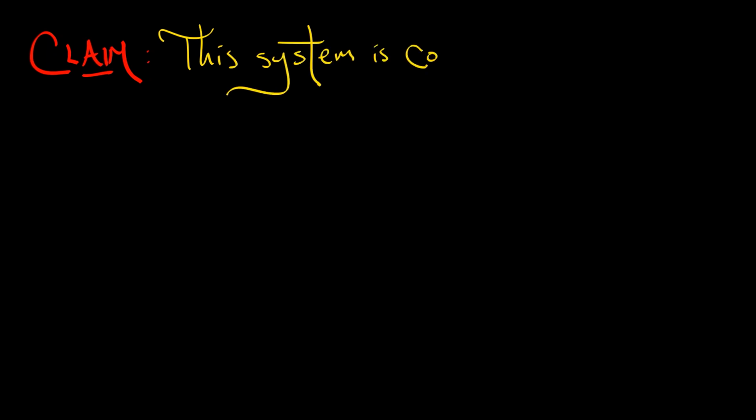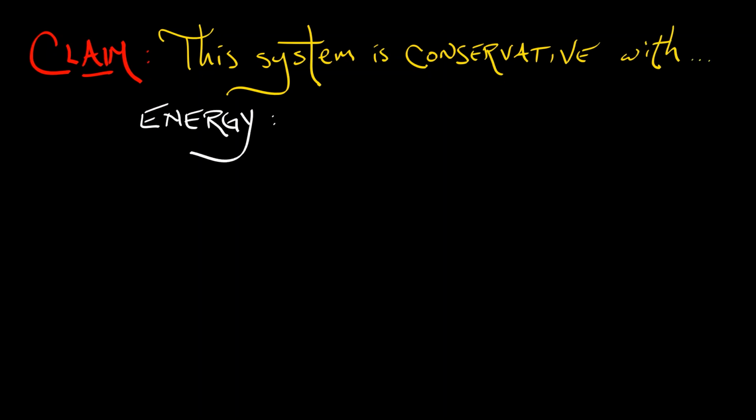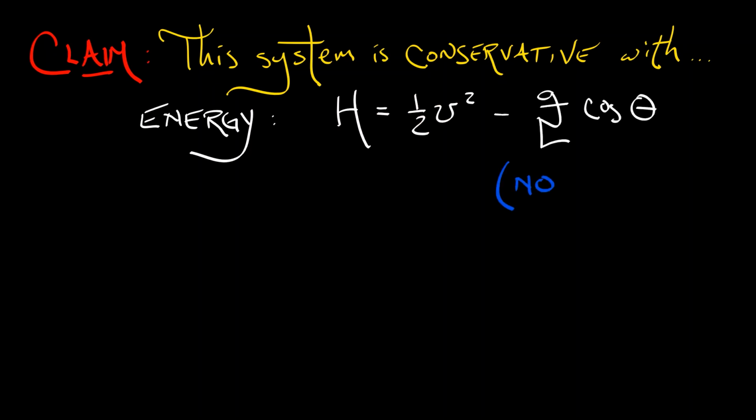There is an energy functional that is preserved over time. This energy functional is given by h equals 1/2 v squared minus g over L cosine theta. The idea is this is a system that has no friction in it, so the energy is conserved. If you think about this center as what's happening when the bob is at the bottom and it just rocks back and forth, if there's no friction, yeah, it kind of makes sense that it's a true center.